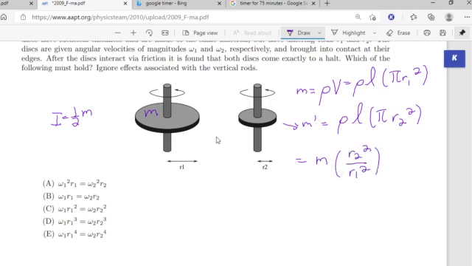And yeah, okay, so the moment of inertia of this disk is just 1/2 m r1 squared.